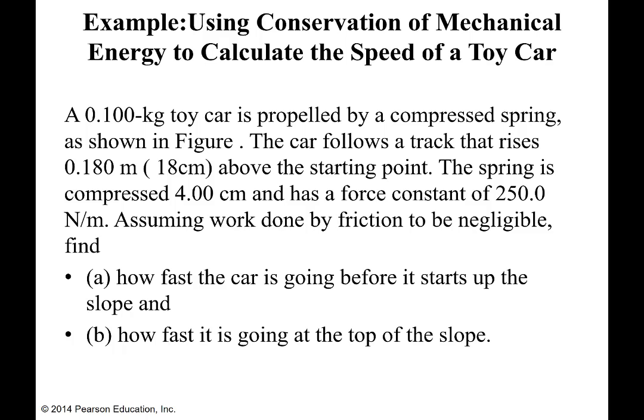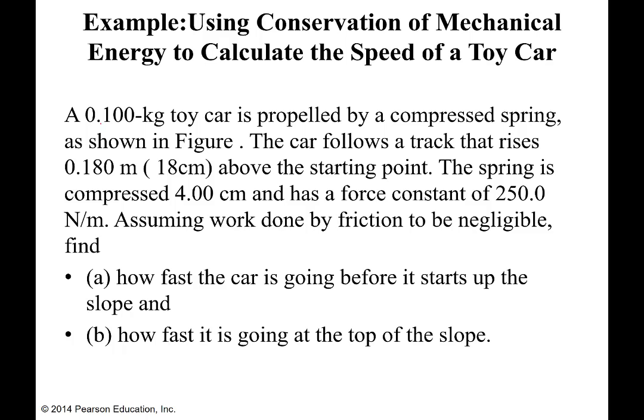So it's a good idea to work on one last problem before we sign out for today. There is a problem: a 0.100 kg toy car is propelled by a compressed spring. This problem is not there on the handout.